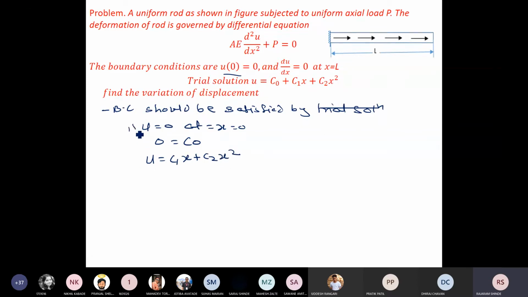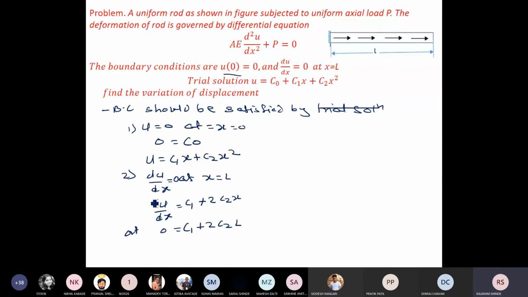Now this is your first boundary condition. The second boundary condition is du by dx is equal to 0 at x is equal to L. So I will write here du by dx is equal to c1 plus 2c2x, and this is equal to 0 at x is equal to L. At x is equal to L, 0 equal to c1 plus 2c2L.